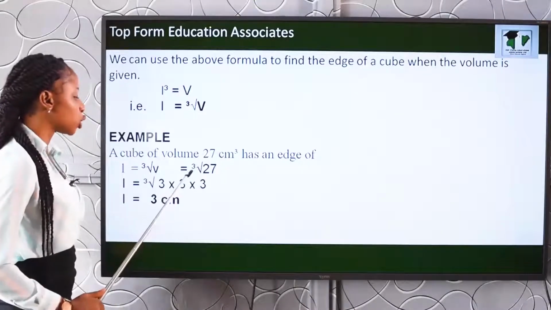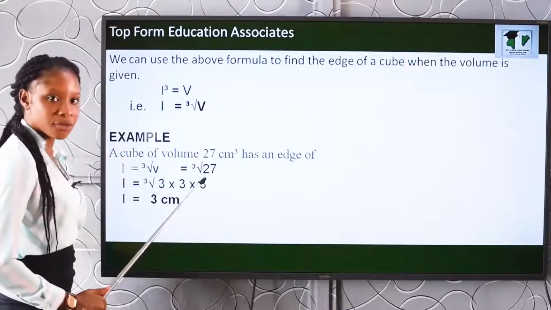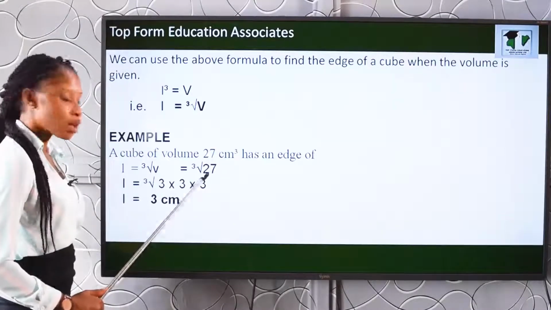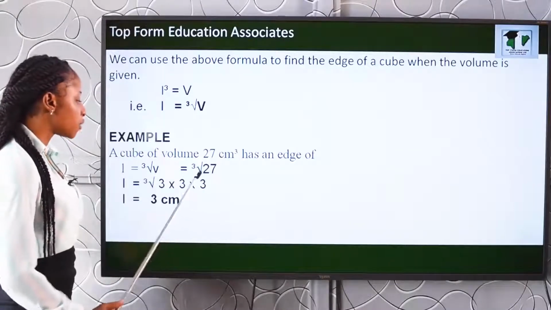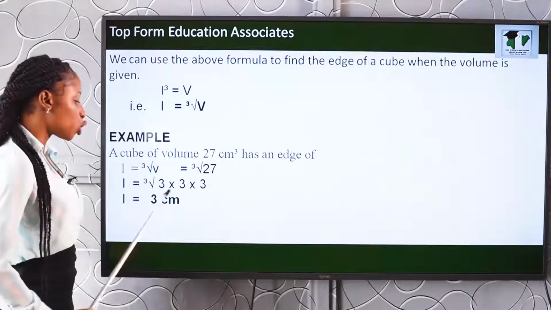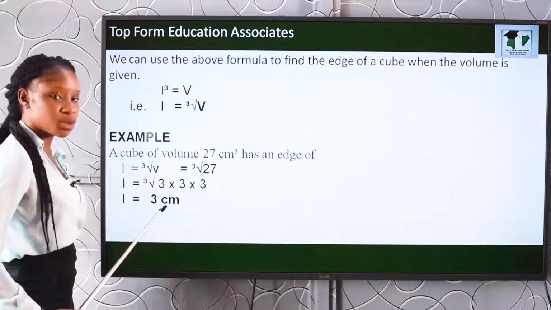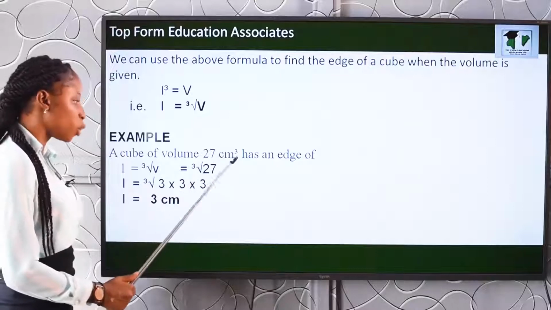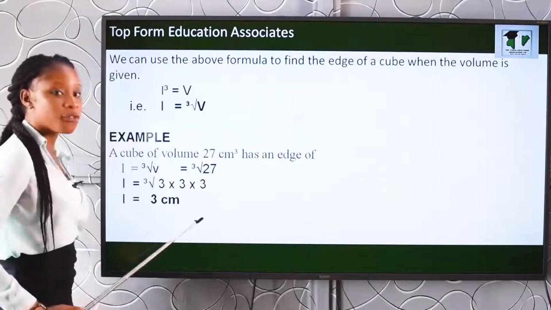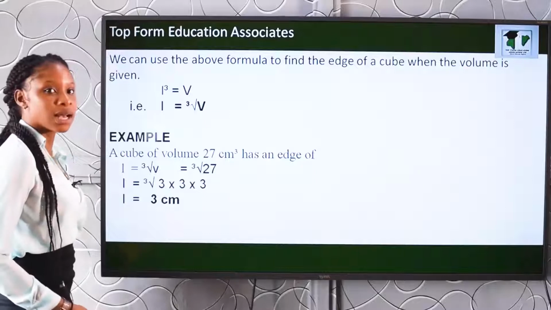So we are going to look for the cube root of 27. And the cube root of 27 is what? 3. 27 is 3 times 3 times 3, so the cube root of 27 is 3. Therefore, a cube of volume 27 centimeter cubed will have an edge of 3 centimeters.